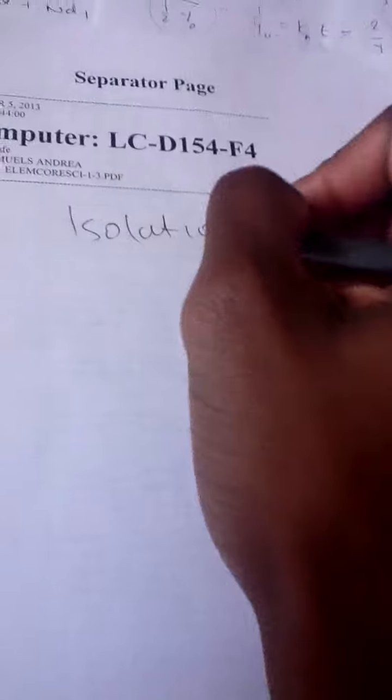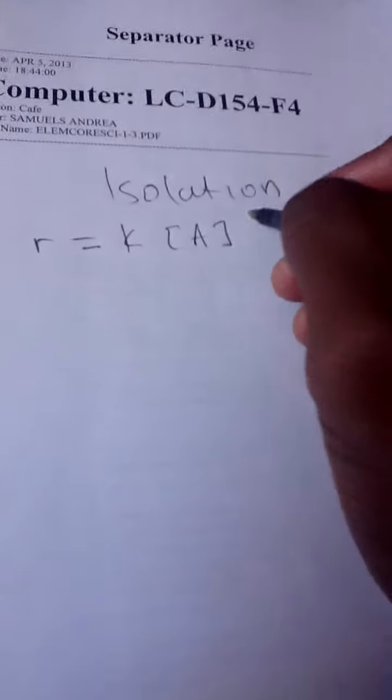Now, the last method is the isolation method. Let's say we have r equals k A^alpha B^beta, and so on.